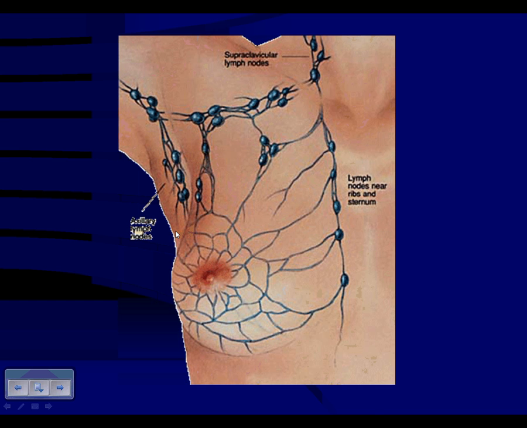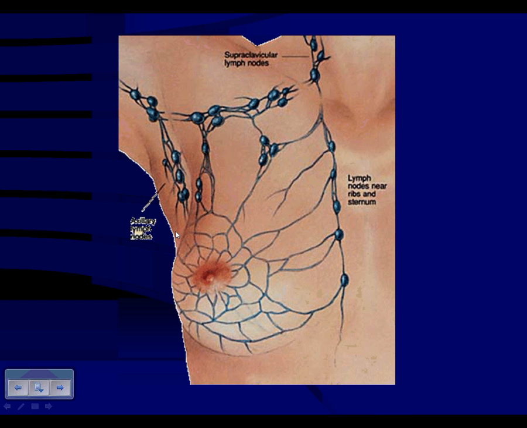Sentinel node means first, and basically refers to the first draining node. So what they have found is that if they can identify that sentinel node for a patient with breast cancer, they inject radioactive type dye into the tumor mass right at the time of surgery, right before surgery. And they look to see where the dye goes to first.